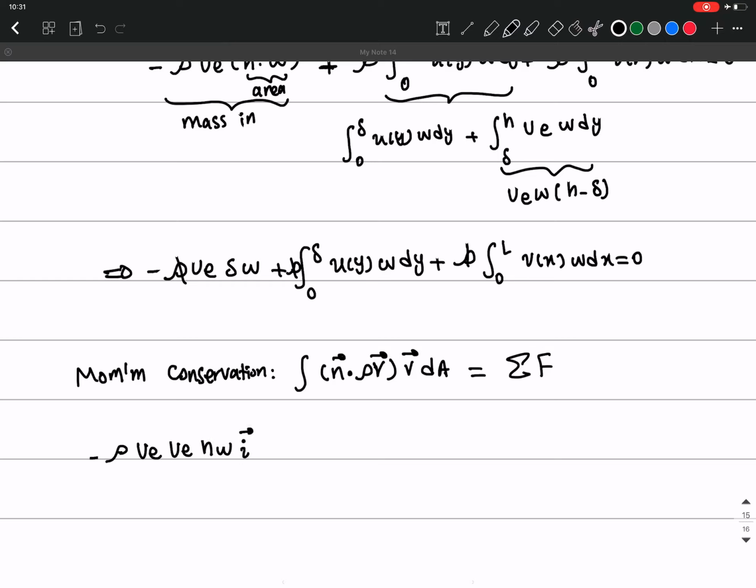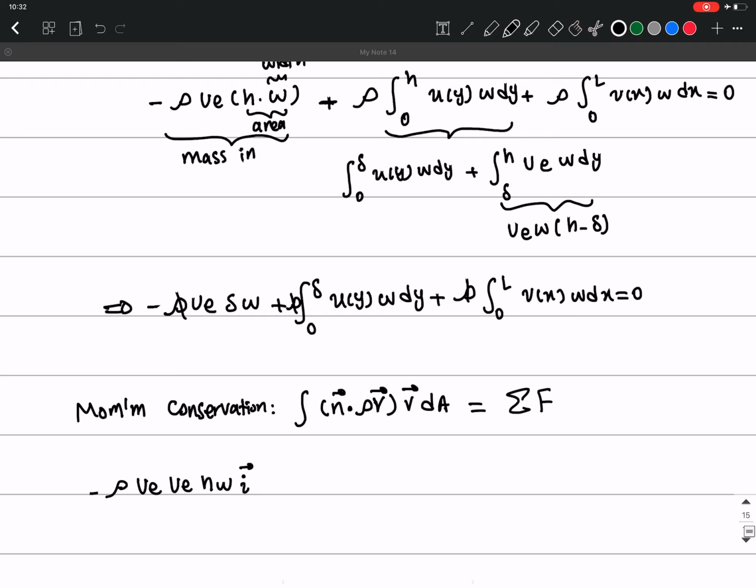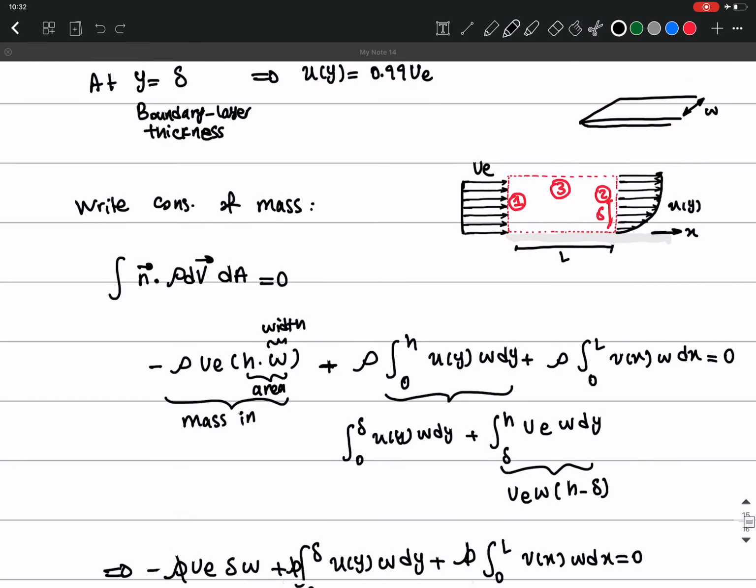Momentum, for the momentum equation, is a vector, right? So I need to have a direction here, unlike the other one, because this one is not going to be a vector.